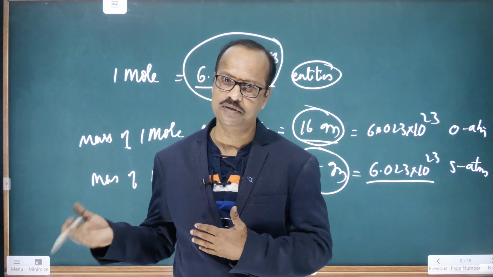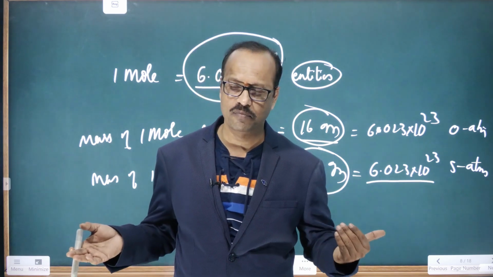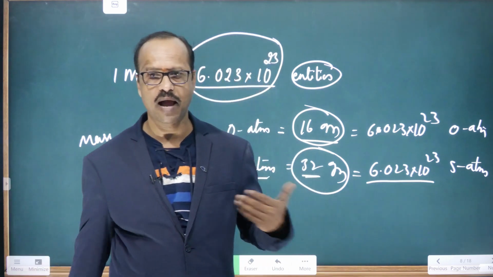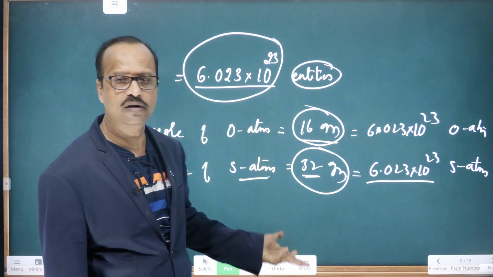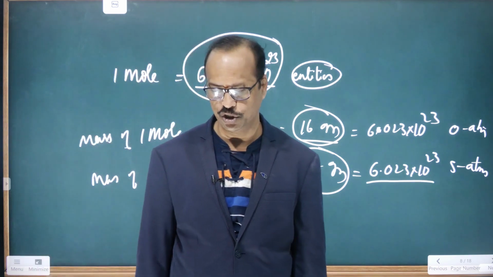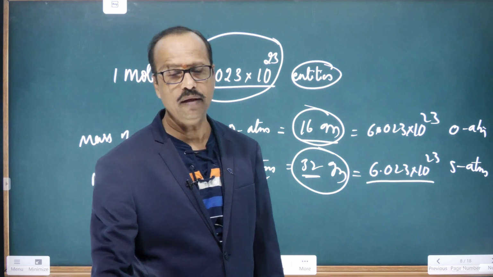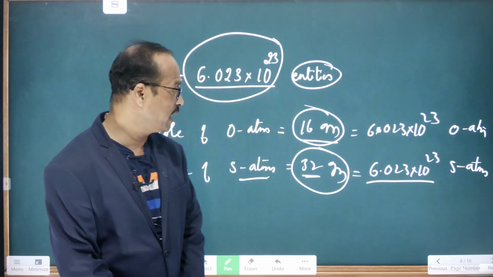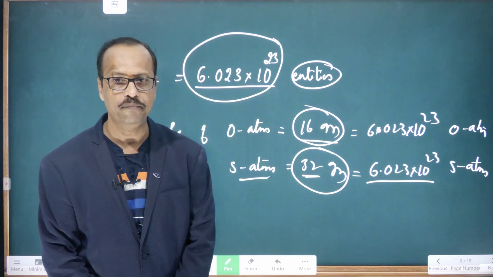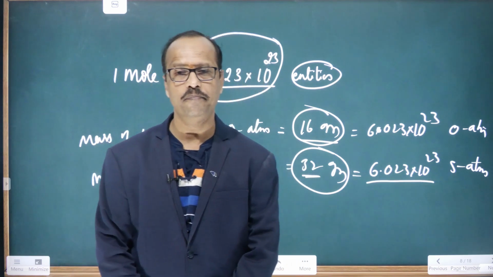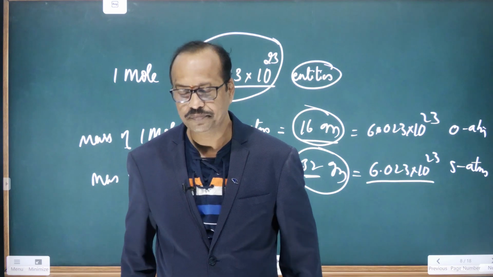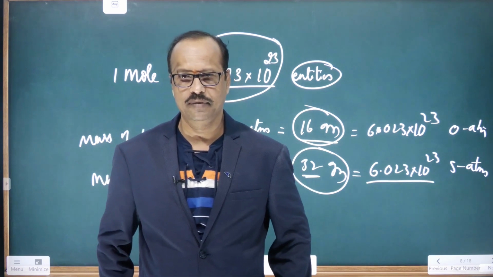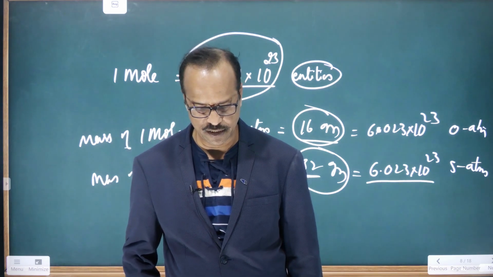No, the bananas' weight is different, the apples' mass is different. Here also oxygens are different, sulfurs are different. Is this clear to you? So, in that way, we can calculate the atomic mass or molecular mass of any substance in terms of grams. Is this clear to you?